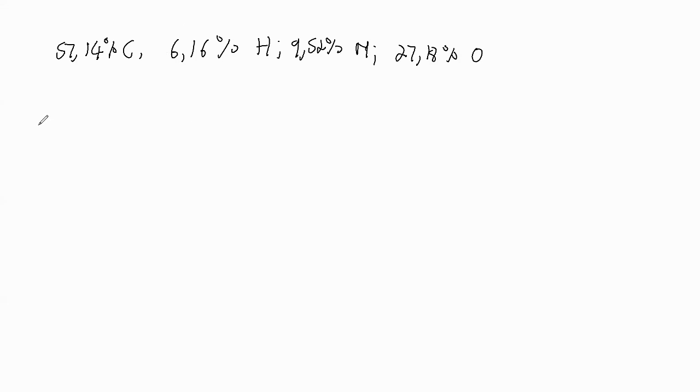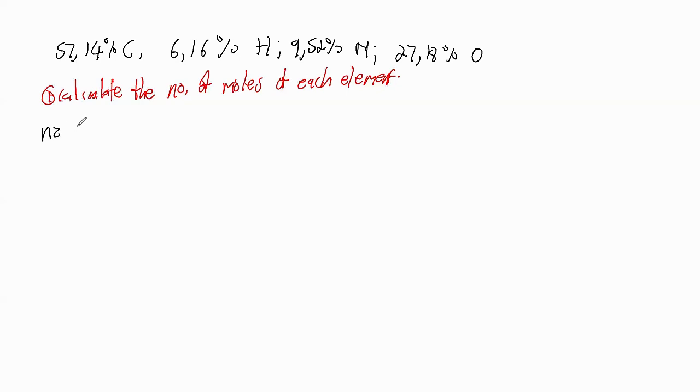So we know the first thing to do when dealing with empirical formula is to first calculate the number of moles of each element. So now we have 4 elements. So we're going to calculate the number of moles for all 4 of them using the formula n is equal to mass over the molar mass.